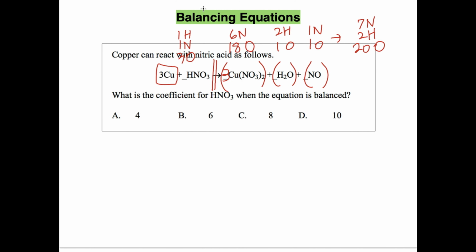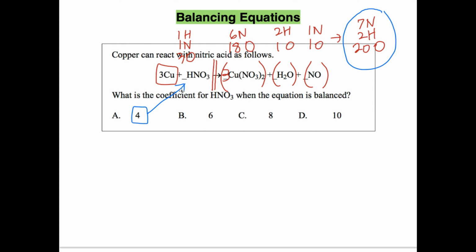So now we can see that the reactants need to have a minimum of 7 nitrogens, 2 hydrogens, and 20 oxygens to balance it out with the products. However, if I put 4 as the coefficient for nitric acid, would that work?